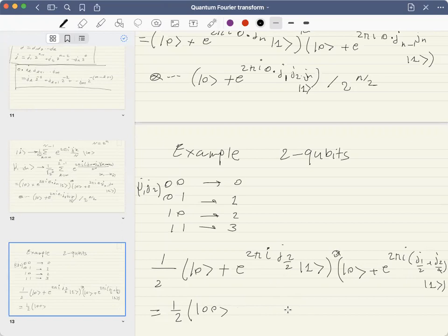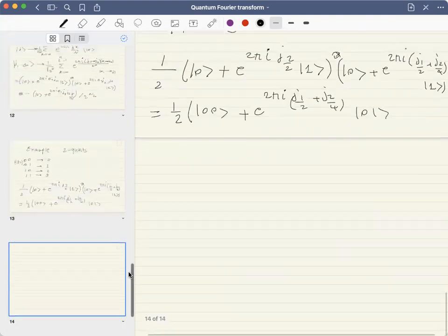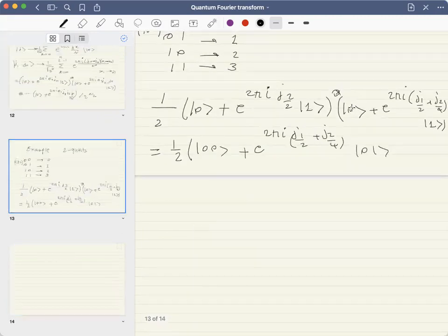The 01 term gives me a term. The 10 term, taking 1 and 0 from here, gives me e to the 2 pi i times just J2 over 2.